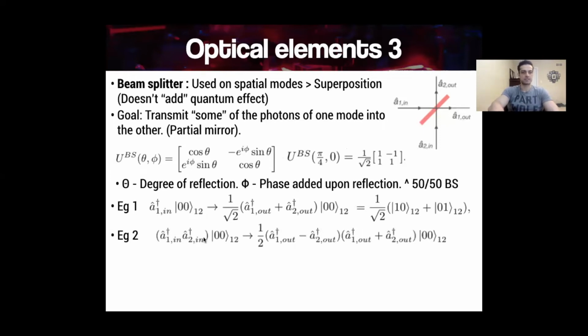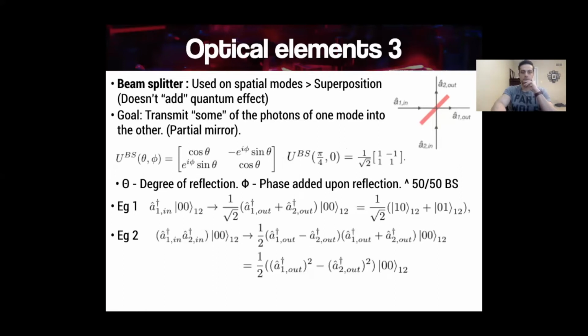I think this one's kind of interesting in that you now have one photon in each mode, so one in the first mode, one in the second mode, and then you apply the beam splitter, and you have to apply the beam splitter to each creation operator. And what you get out on one of the modes is the same action, except for this minus sign on one of the outputs.